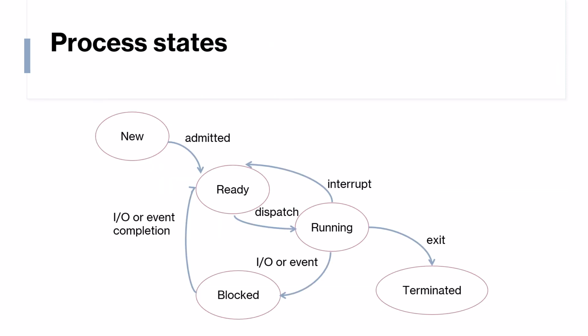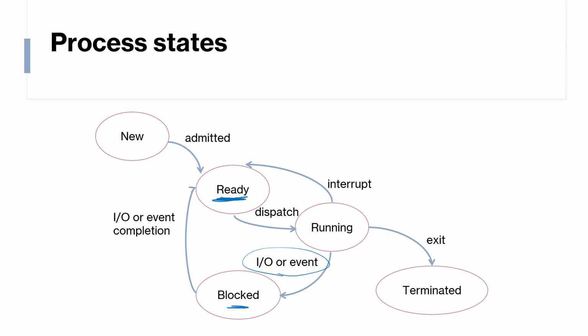Here again is a reminder of the process states. Any process that is right here is accumulating waiting time. If they're out here blocked, or over here swapped, or doing something else, any kind of event, then they are accumulating I/O time.